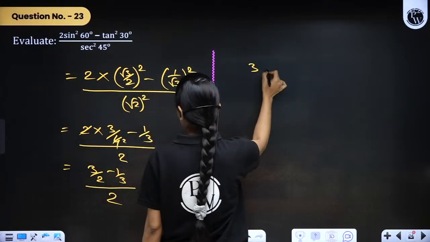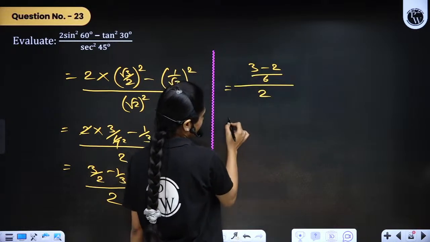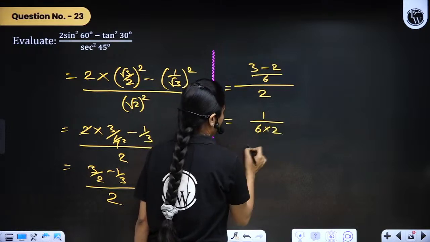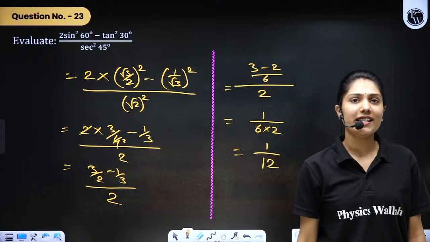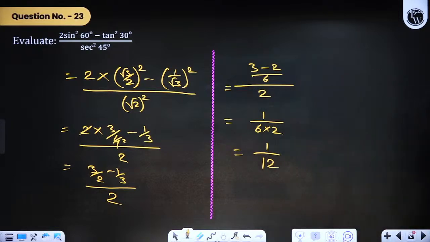So it's 3 minus 2 by 6 upon 2. 1 by 6 into 2. 1 by 12 is the answer, beta. Not 7 by 12. Check it again. It's 1 by 12.